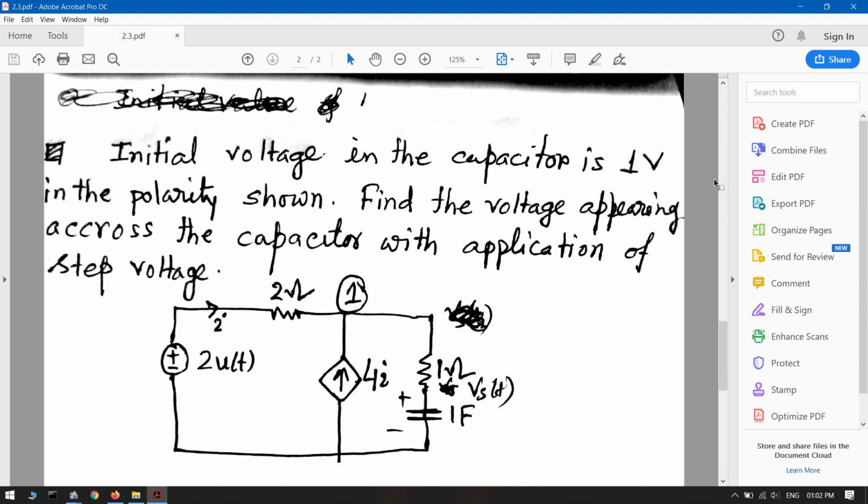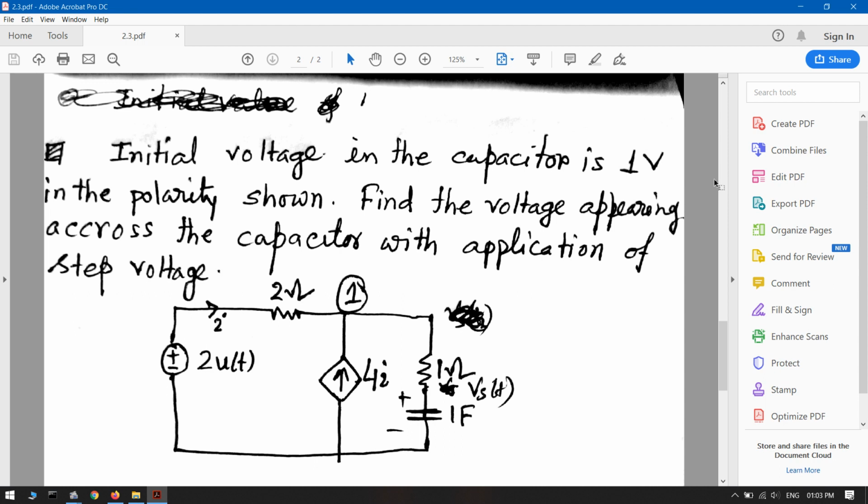Now, at node 2, again if we apply that KCL, so that will be again V1 of S minus Vs of S divided by 1 equal to Vs of S minus V naught by S, because V naught is the voltage across the capacitor, initial voltage, and what is V naught already given in this problem, that is 1 volt, isn't it?